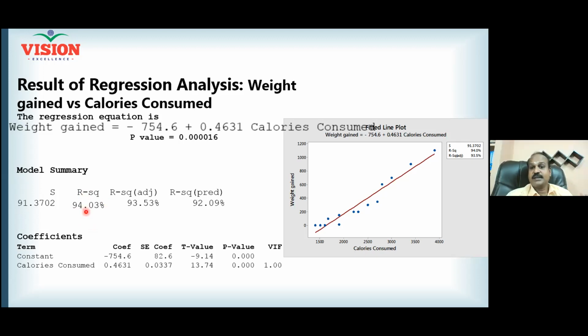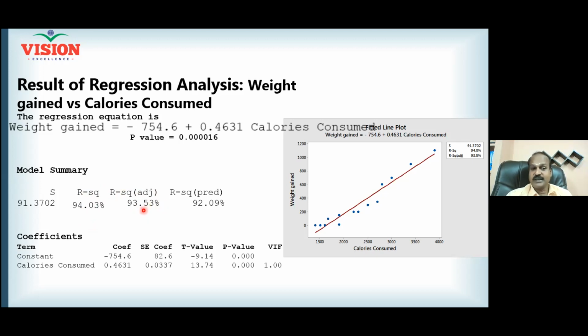That says the number of factors you have included are sufficient. Whether the number of factors are sufficient, whether all the factors are the correct factors, that is important, right? That will be measured in the next R square, which is adjusted R square. R square is arrived based on the number of factors.